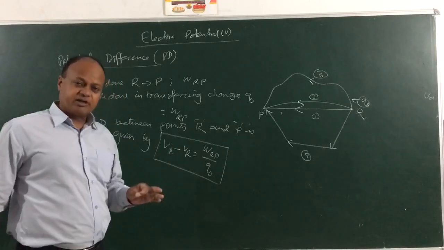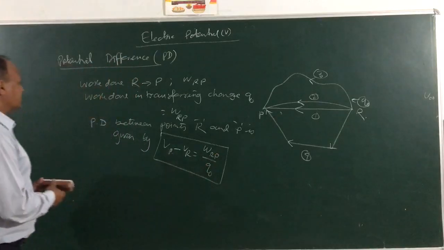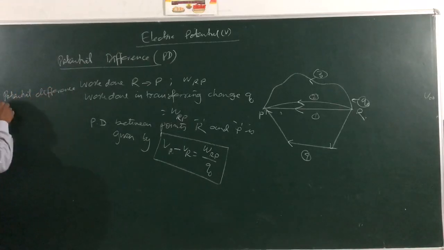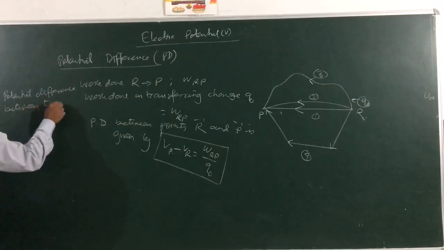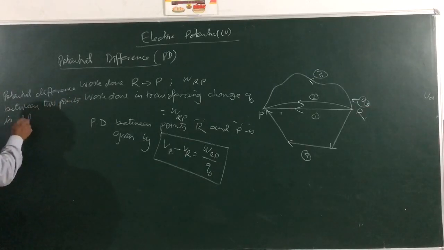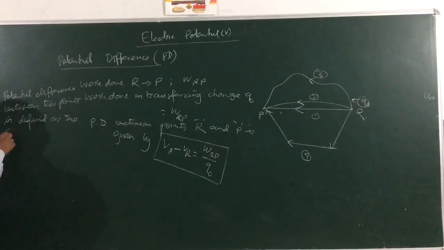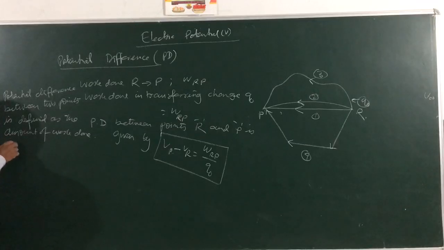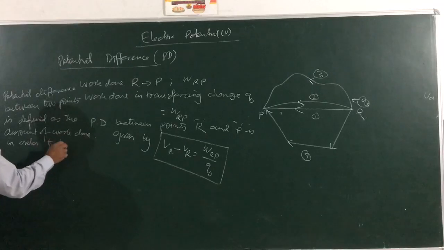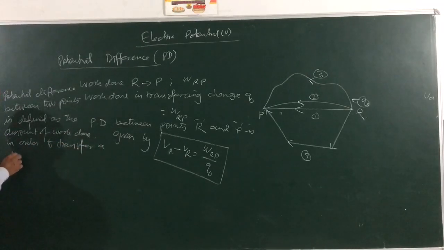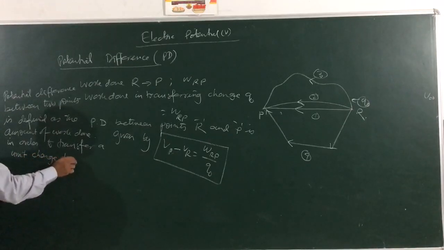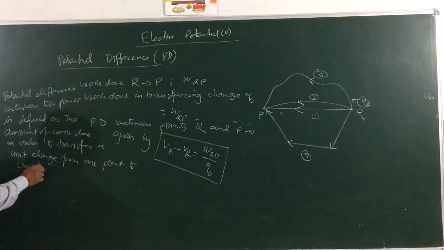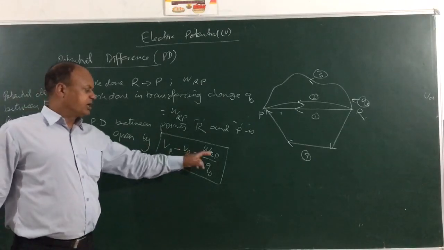The potential difference between 2 points is defined as the amount of work done in order to transfer a unit charge from one point to another. So Vp minus Vr is equal to W_RP by Q naught.